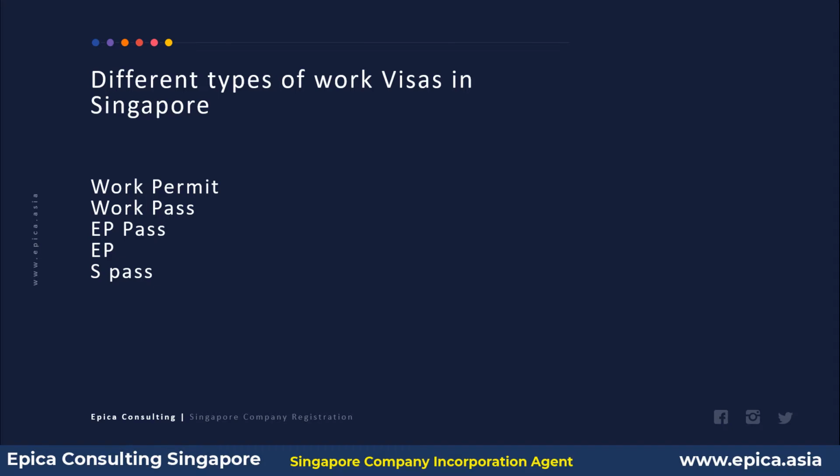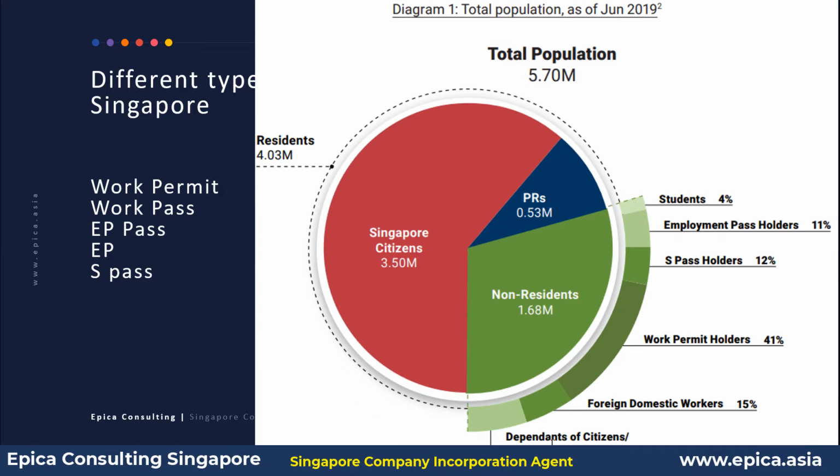Before we start the actual presentation, let's first have a look at the total population of Singapore as of June 2019. This has relevance to this work type, so I am going to quickly explain this overview.